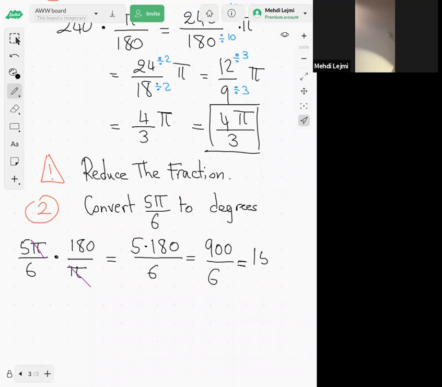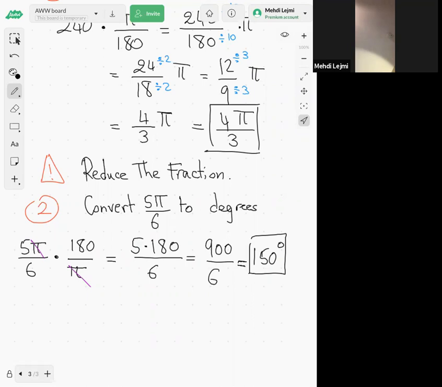So it's 150 degrees. Okay, and that will be the final answer. So that's how we convert radians to degrees, right? Of course, guys, you have to reduce or simplify your fraction, okay?